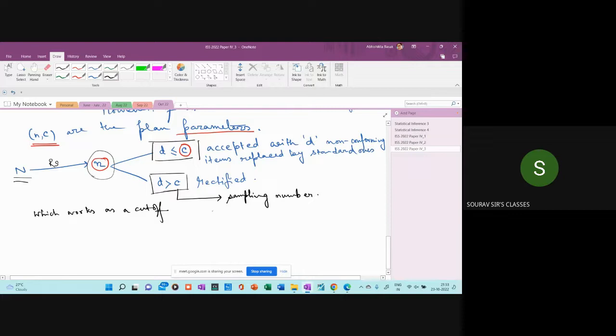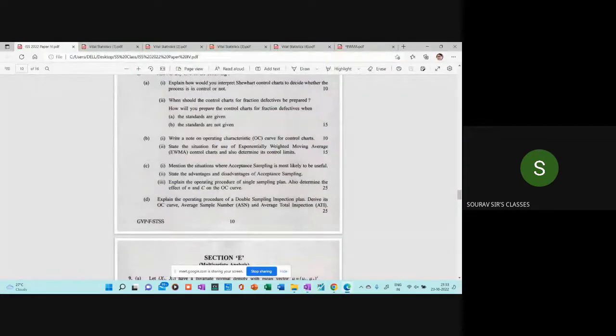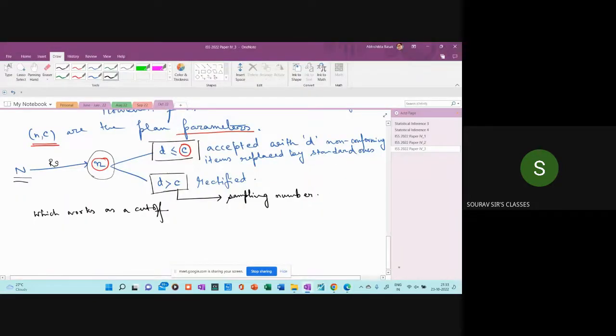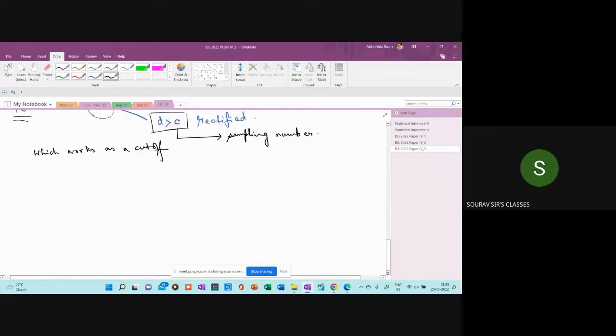So in this context, now we can go back to my previous question, the second part: also determine the effect of n and c on the OC curve. So the effect of n and c on the OC curve, how does it work basically? It says how it is going to determine the function Lp.